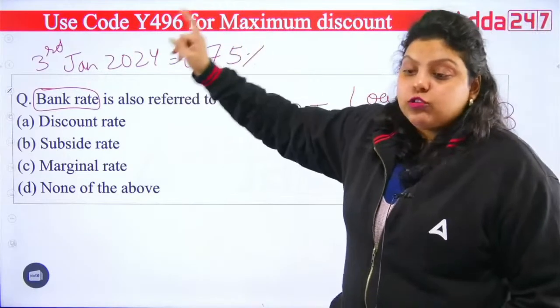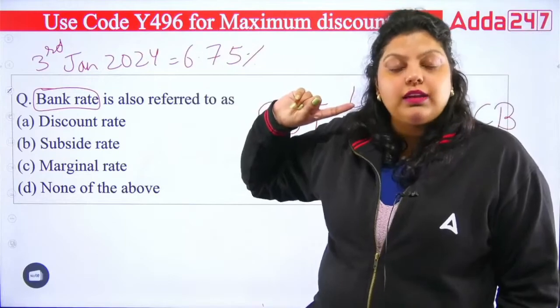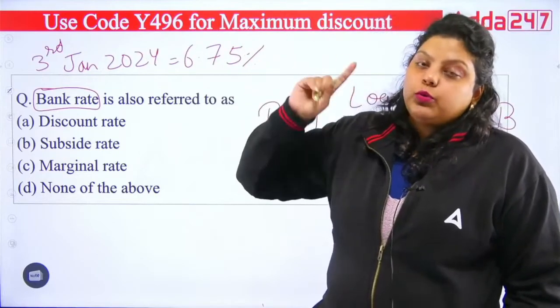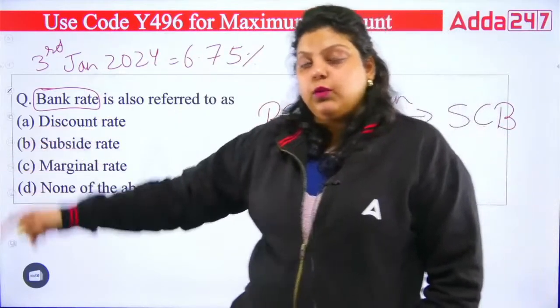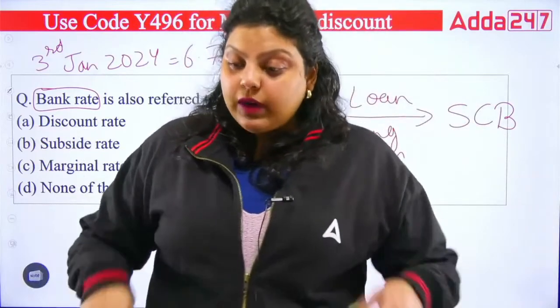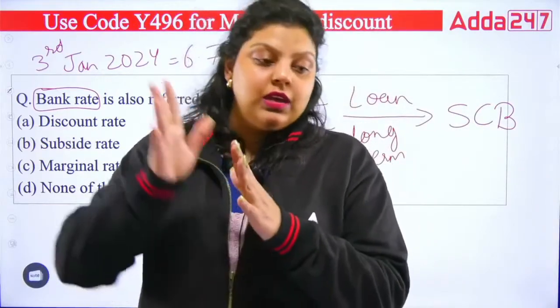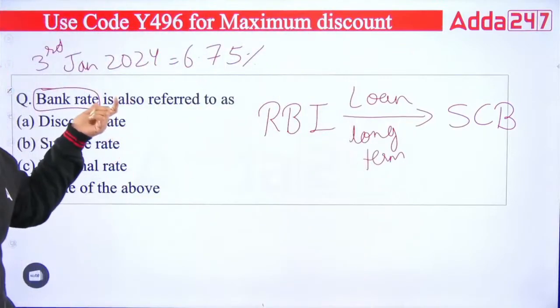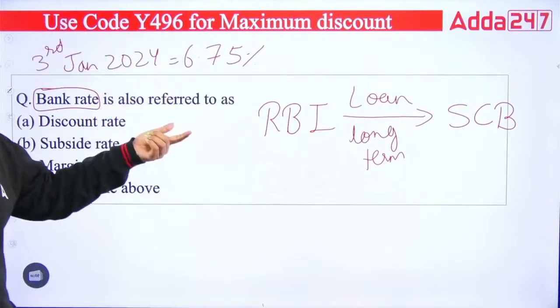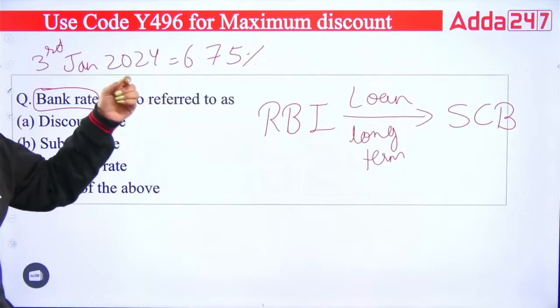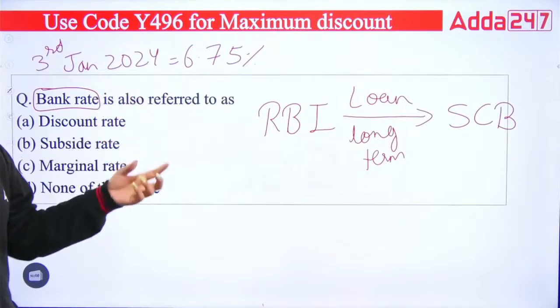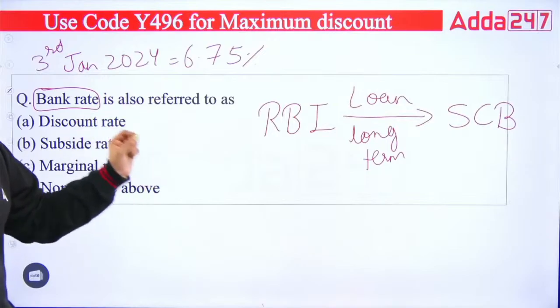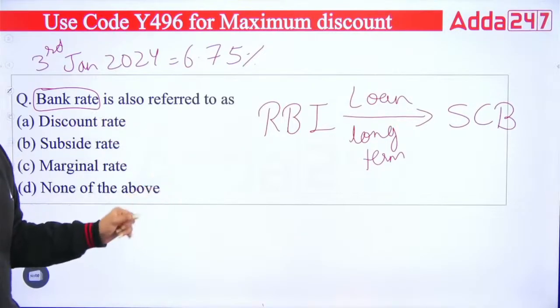After January, the next review, the last review of financial year 23-24, will be in February. In one financial year we have 6 reviews. After February, the next review will be in April 2024.